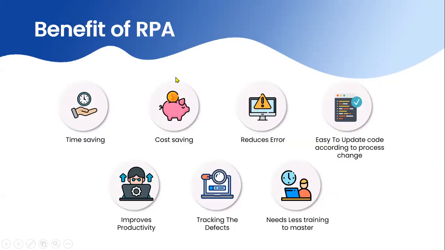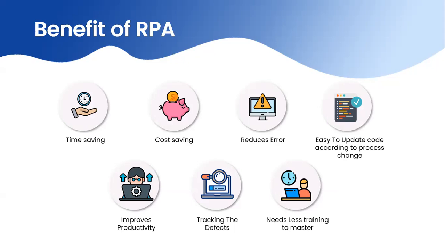Because we want to know whether by automation we are getting some benefit or not. If you are not saving the cost, if you are not saving the time, what is the use of developing it? So let's understand the common benefits of RPA which you are expecting from your bot.